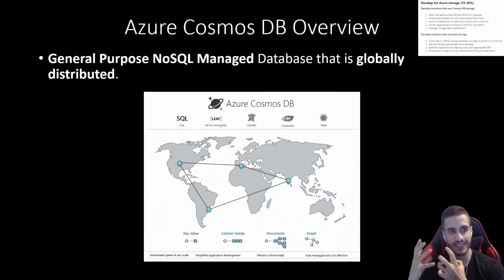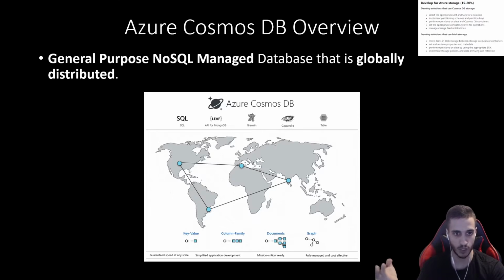The first part is general purpose. By general purpose, what I mean is Azure Cosmos DB allows you to store different forms of data that work for your business case and allows you to use different APIs to access this data. So you can use the standard SQL query API that you're always used to. You can use the MongoDB API to query the data using MongoDB.